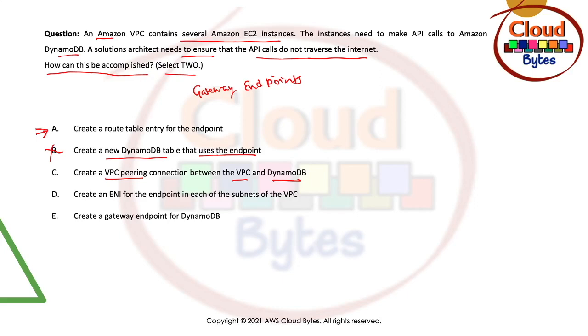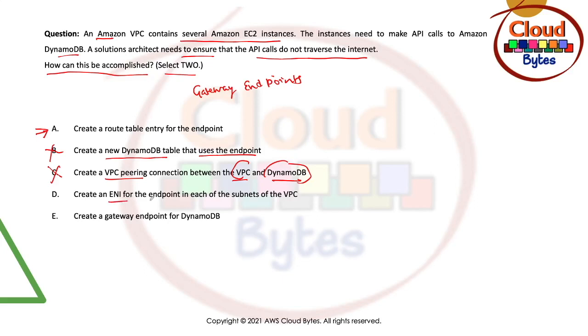It's not between a VPC and a public AWS service, because these services are sitting outside the VPC, in AWS managed services, which are publicly available or global services. So this option doesn't make sense, because this one is a VPC and this one is a public service. DynamoDB is a public service provided by AWS.